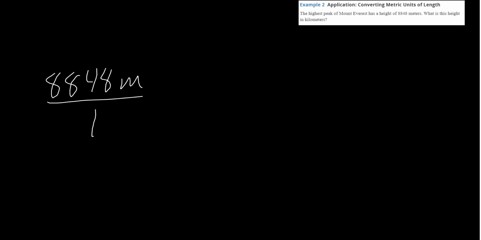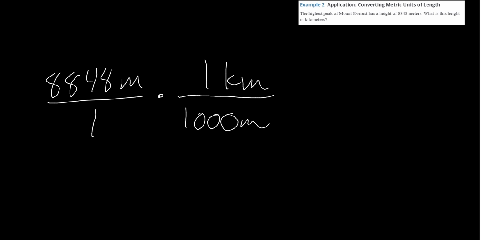Put that over 1. We want to know what the height is in kilometers, so we want to know there are 1,000 meters in 1 kilometer. Again, I chose to put the 1,000 on the bottom because I want to cancel my meters. And the arithmetic, 8,848 divided by 1,000, well, that's just going to be 8.848 kilometers.